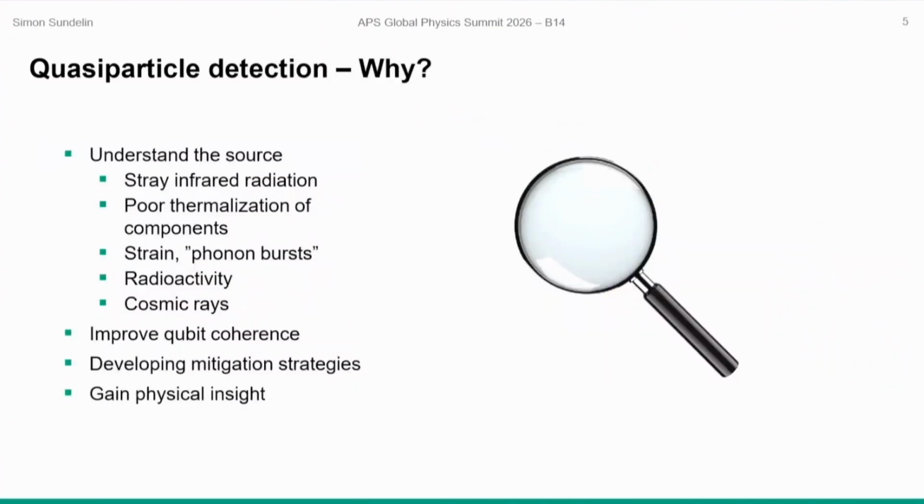So naturally it becomes of interest to try to detect and monitor these quasi-particles and these quasi-particle tunneling events onto our qubits, because we want to better understand the source behind these bursts of quasi-particles in order to develop mitigation strategies so we can improve the coherence times of our qubits and also gain physical insight into the underlying physical mechanisms.